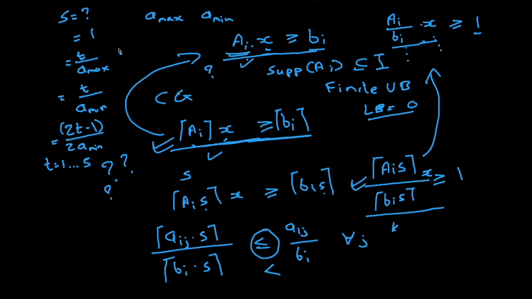So 1 value is over here, 5 values of this type, and 5 values of this type, and they are all different. It's not 3 by 4, it's 1 over 2 a min, 3 by 2, 5 by 2, 7 by 2, and so on. They try those values and hope that one of them will result in a dominating inequality. That's what they try, and it's been working for them.